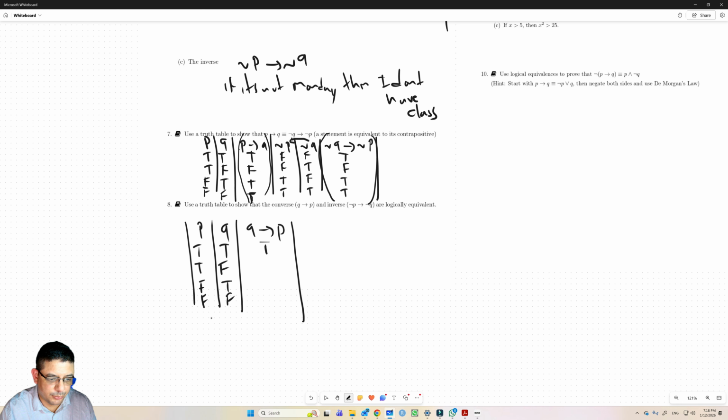False implies true is true. True implies false will be false. And false implies false will be true. Now, we need the negation of P and the negation of Q, so the opposite of our original propositions.